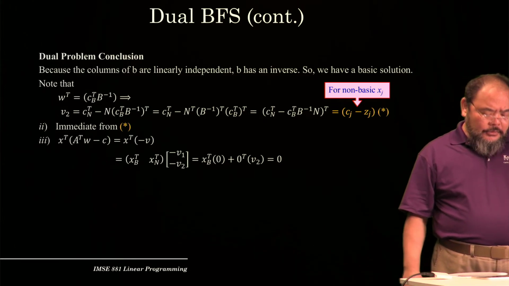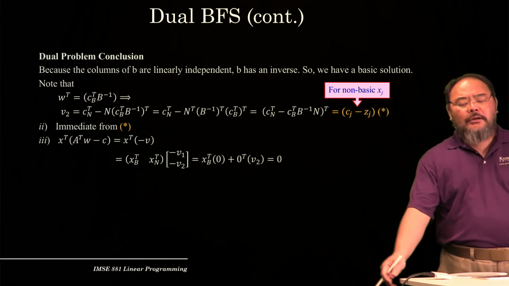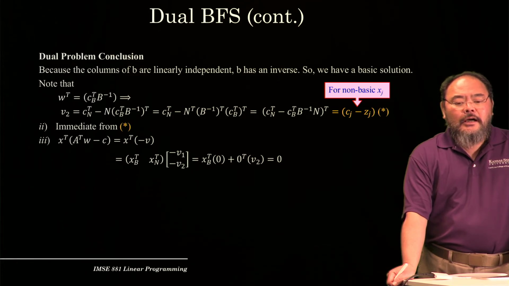Also, based on the complementary slackness condition, X transpose times A transpose omega minus C equals X transpose times negative V, and therefore it has to equal 0, and we can prove that.